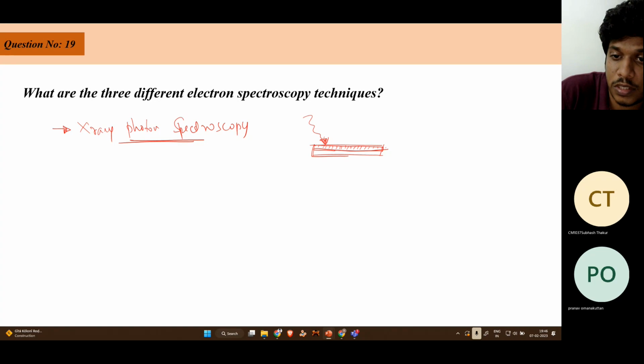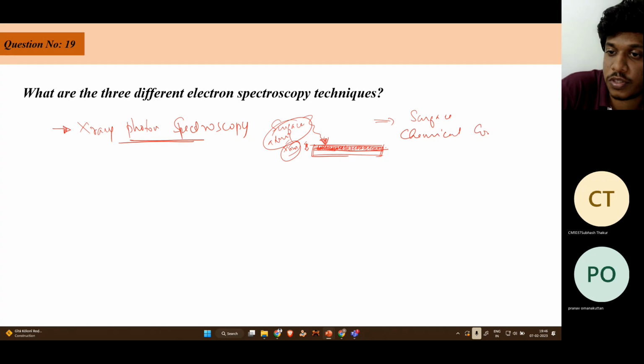There is a limit to which the X-ray can penetrate within the material. Say the X-ray penetrates to X nanometers, then these are basically called the surface atoms. So we can get information about what elements are actually present in this surface. This is basically used to study the surface chemical composition.